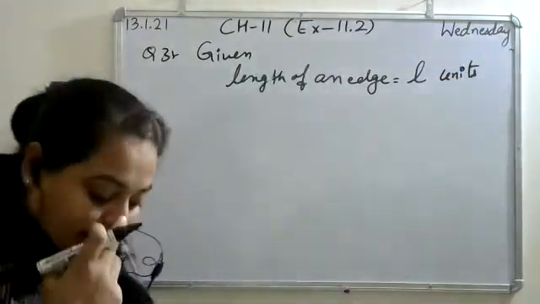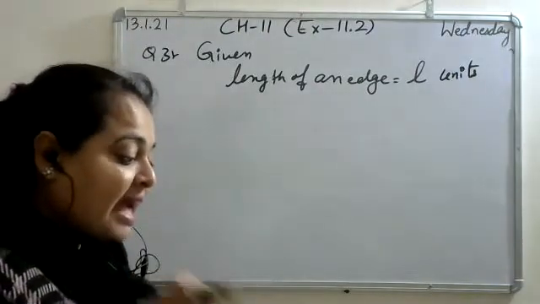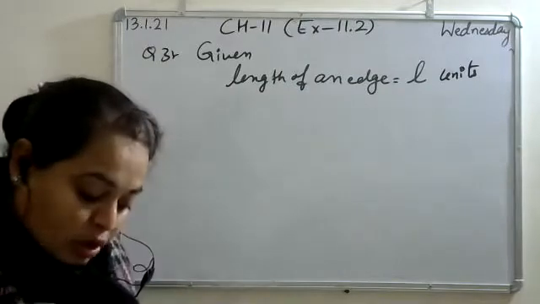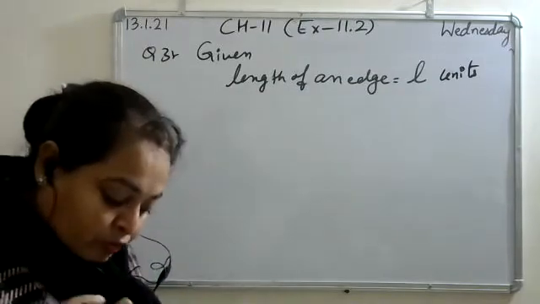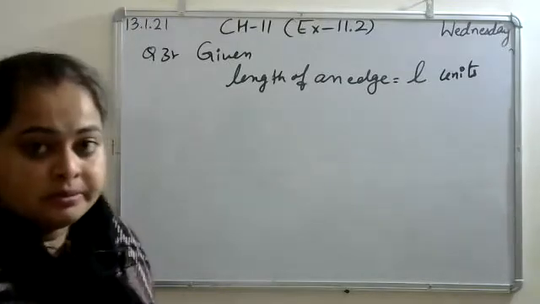Now students, quickly write down in the chat box, in a cube how many edges do we have? Because the question is to find the total number of edges of the cube in terms of L.